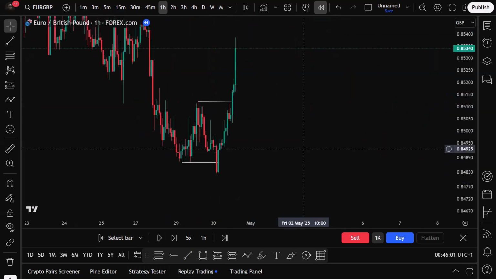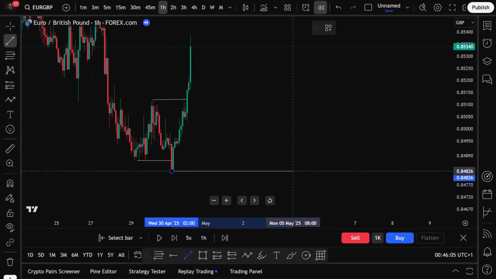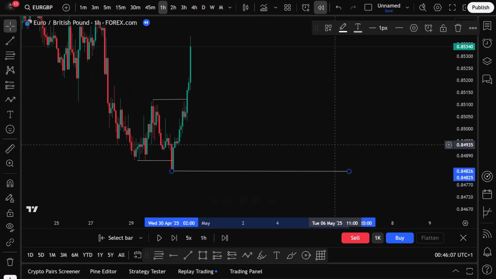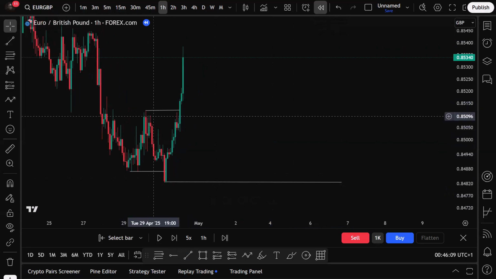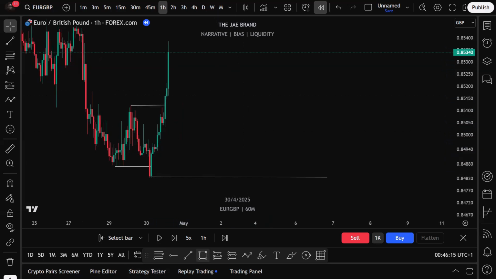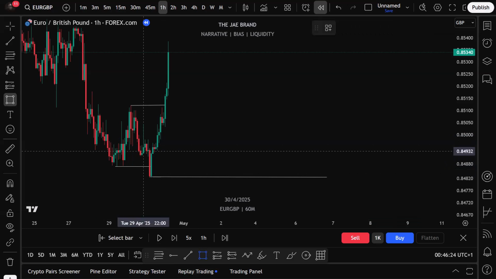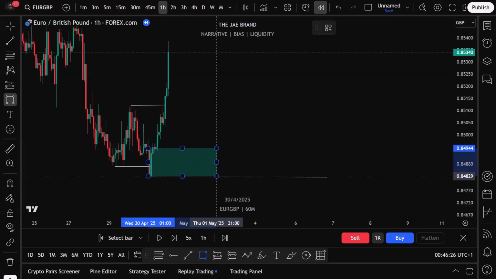We can see that our transactional liquidity has been taken, and then we expect this low to be protected because this is a buy model. When transactional liquidity has been taken, we are expecting price to correct into this discount area. We can either use this QMR or this other block.